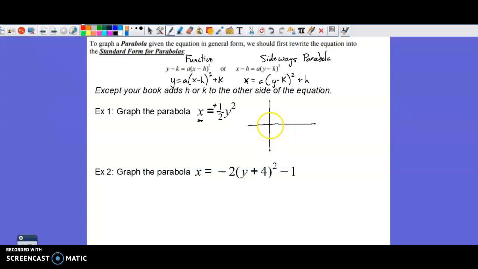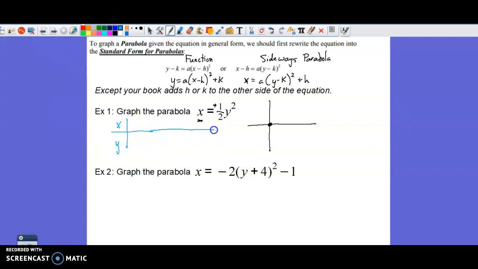So for right now, I'm just going to put it at the origin because there's no h or k value, so we're not shifting up, down, left, or right. We're starting at the origin. So what you could do is make x and y values. Let's make our x and y this way.